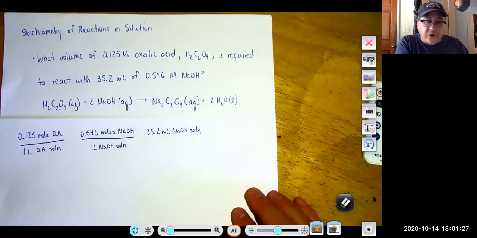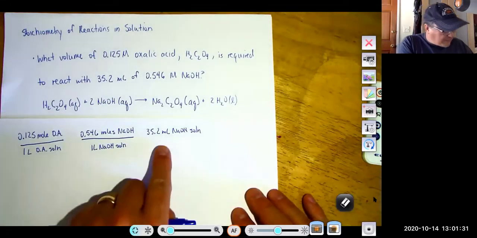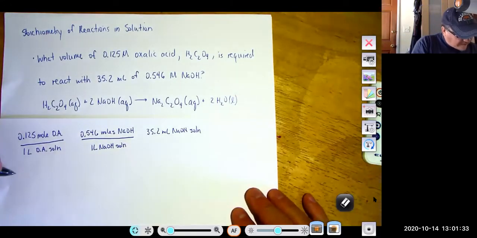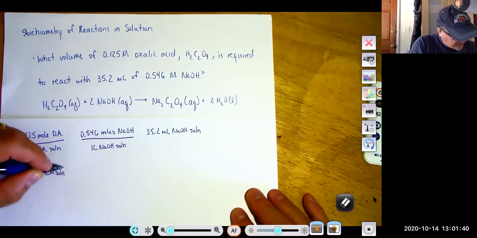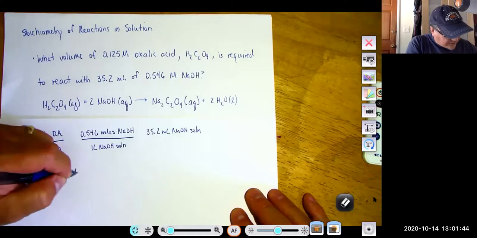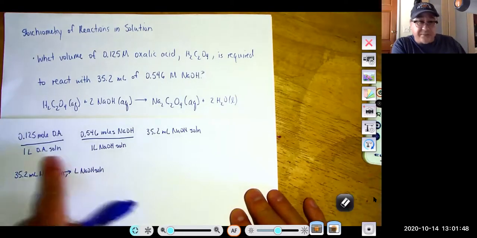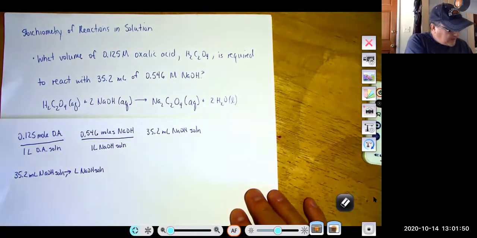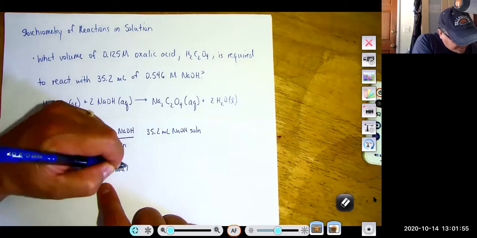I'm going to go ahead and solve this one from the beginning rather than from the end. I'm probably going to start with 35.2 milliliters of sodium hydroxide solution. And I'm probably going to turn that into liters of sodium hydroxide solution because I know the concentration is in moles per liter. And then I can turn that into moles of sodium hydroxide.